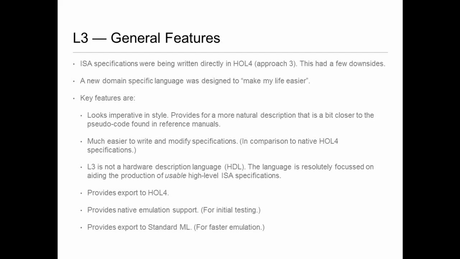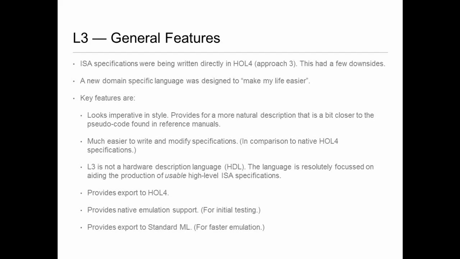The key point is that having written our specifications in this language, we can then export to suitable HOL4 code. In fact, we can choose what sort of HOL4 code we want to generate from this specification. There are two styles which are generated at the moment. Within the language itself, there's an emulator, so you can quickly test your specifications as you're writing them.